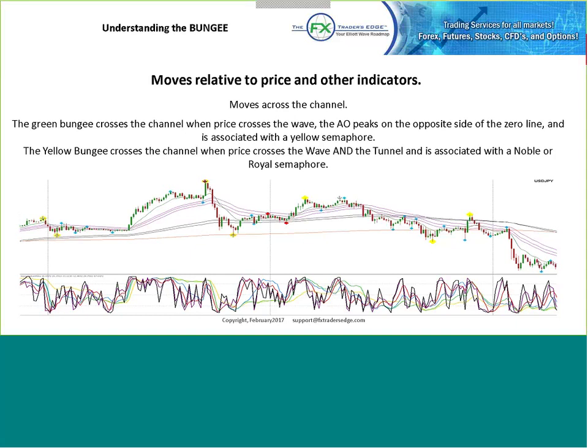Yeah. It is worth mentioning here or bringing into the semaphores because these indicators all work together. Yeah, we've talked about how the green bungee relates to the awesome oscillator and the wave.